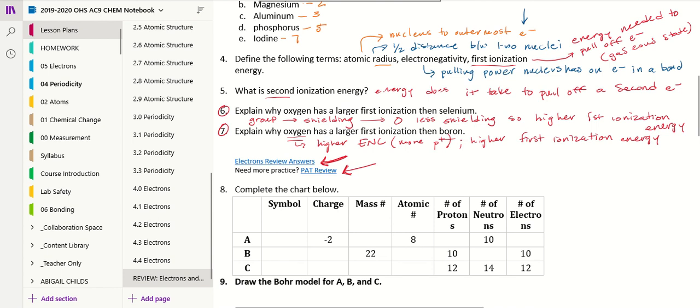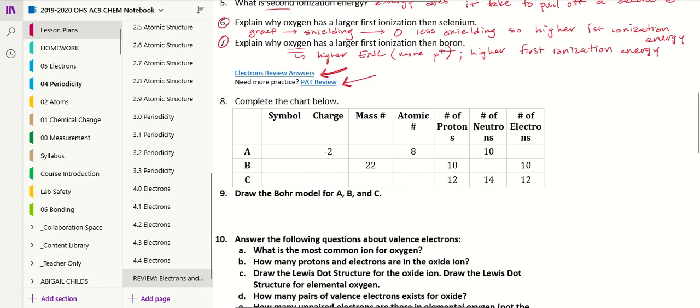So take a look at this table. What do you need to know to answer or to fill out this table? Atomic number is equal to what? Protons. Mass number is equal to protons plus neutrons. And charge is equal to protons minus electrons.